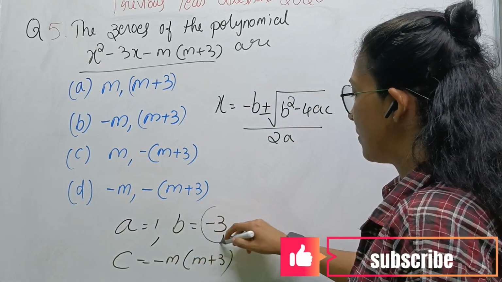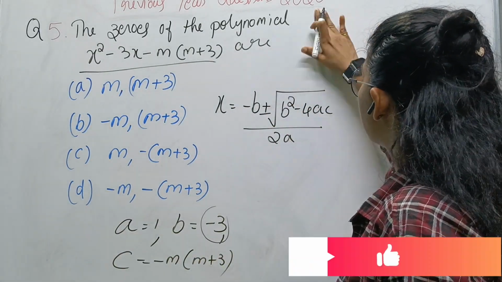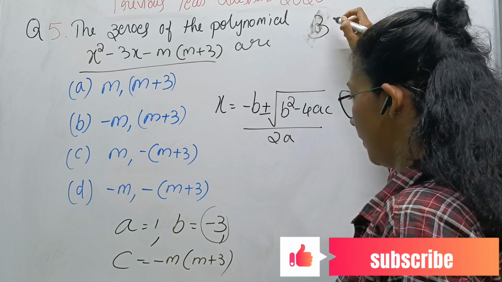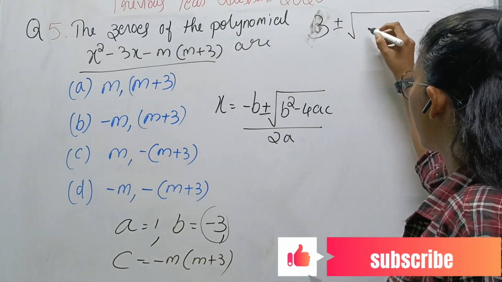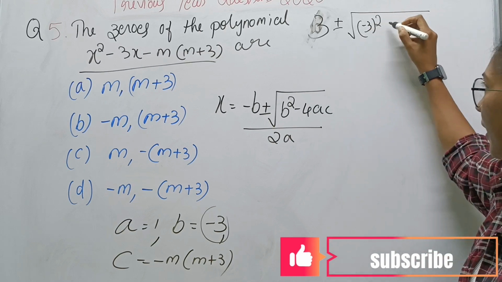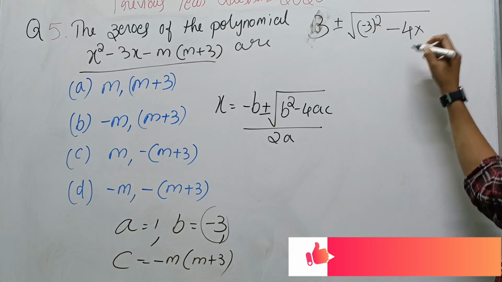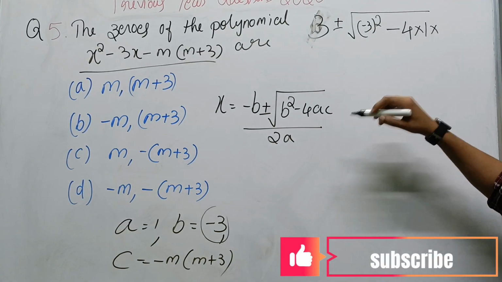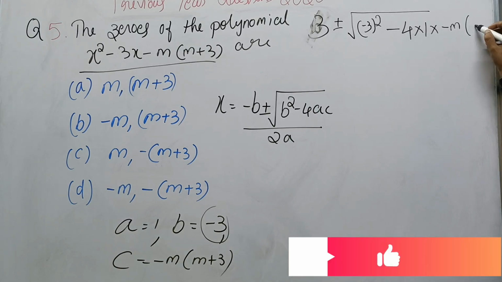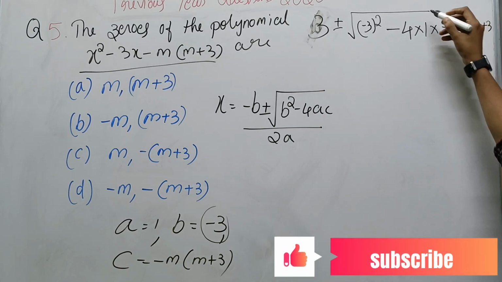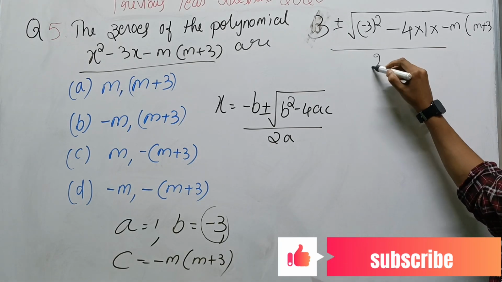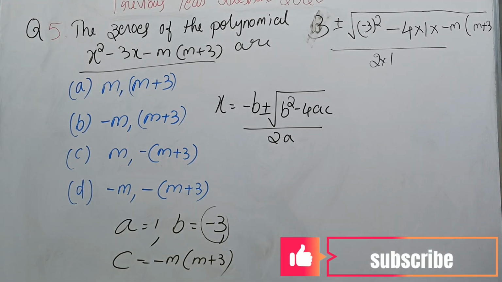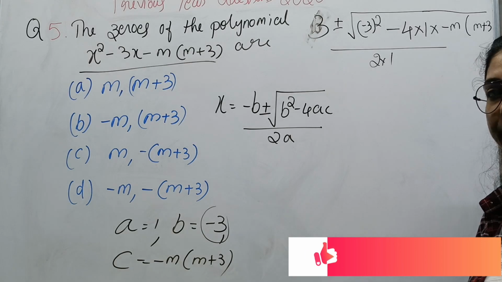Minus b means minus of minus 3, which is plus 3. Okay, then plus or minus root of b square, which is minus 3 square, minus 4 times a is 1 into c. C is minus m into m plus 3 inside the radical sign, whole divided by 2a, which is 2. Okay, did you get me?